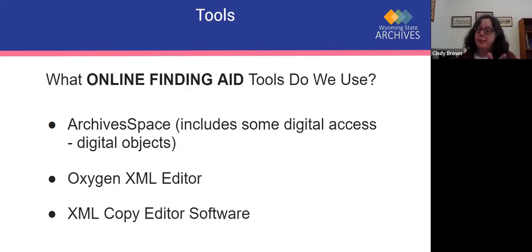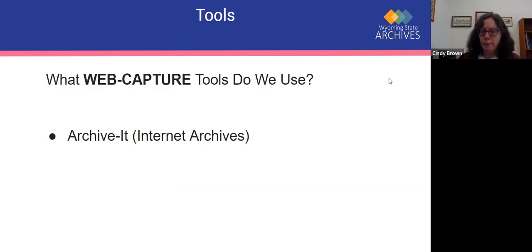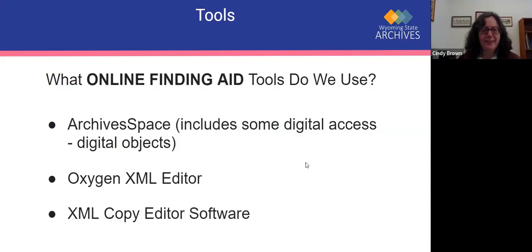Okay, so in some ways, it's a good transition to this next slide. What online finding aid tools do we use? Oh, somebody moved it on me. So back in the day, our first online finding aids were in the Rocky Mountain Online Archive. We were part of the original group.